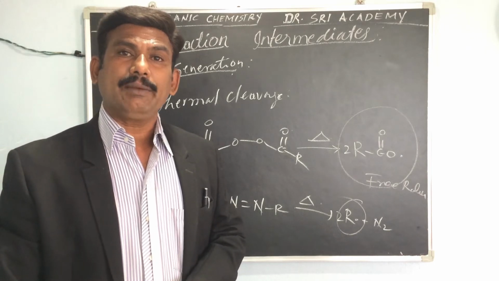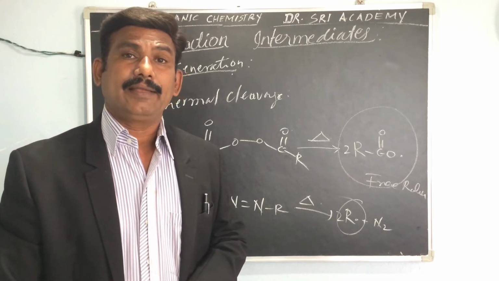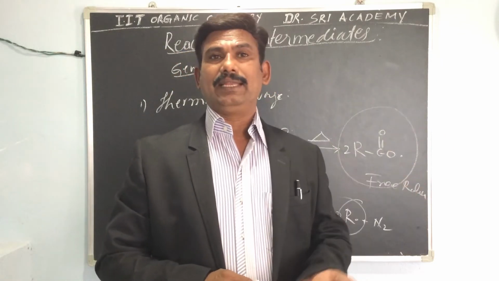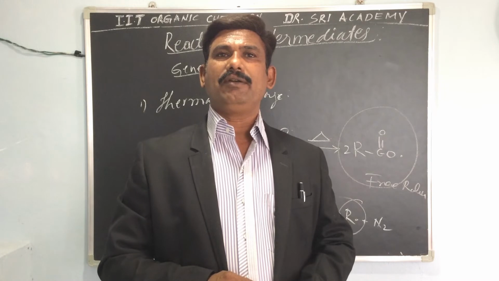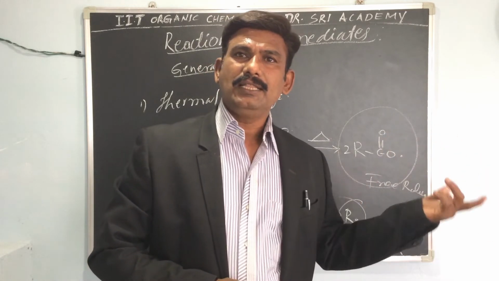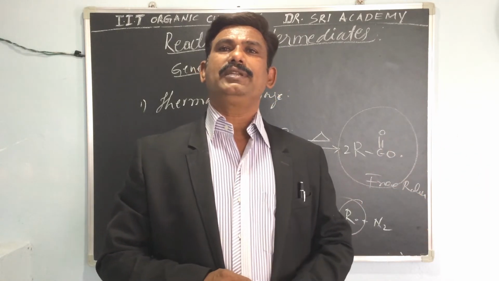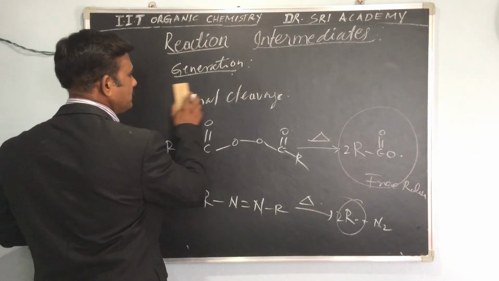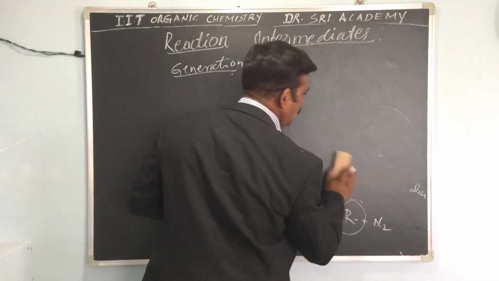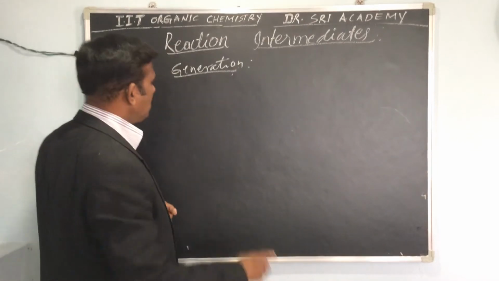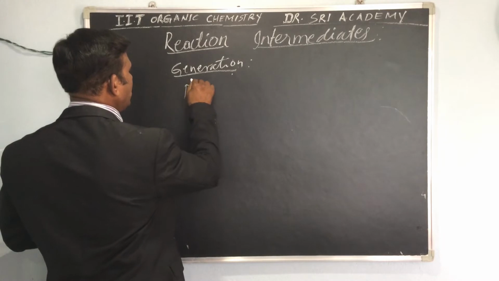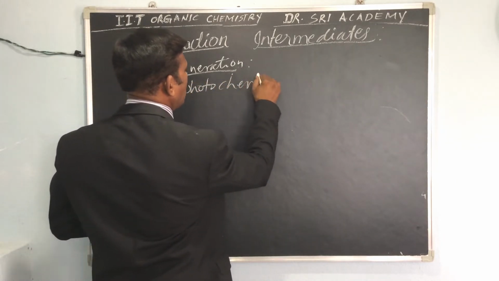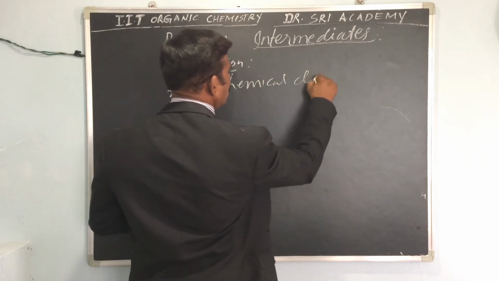And some photochemical cleavage is also there, photochemical reactions in the presence of UV light. The generation of free radicals in the presence of light around 300 nanometers, please note down this one. The second one is photochemical cleavage.